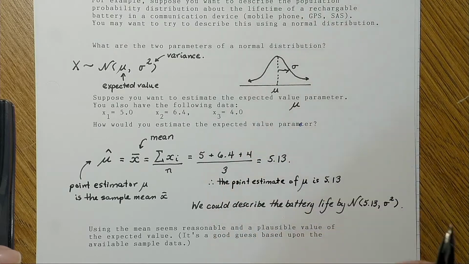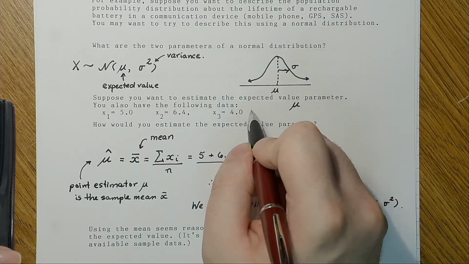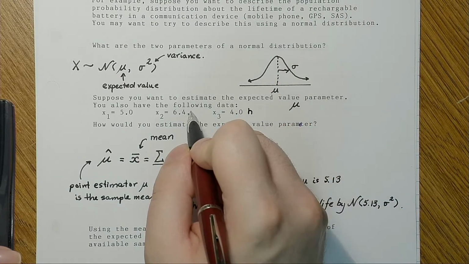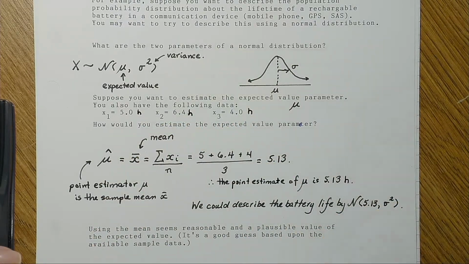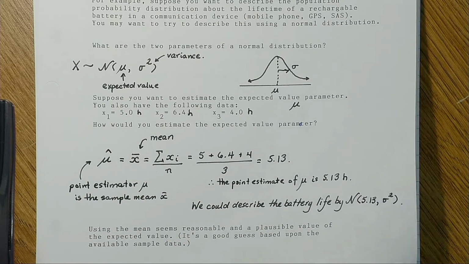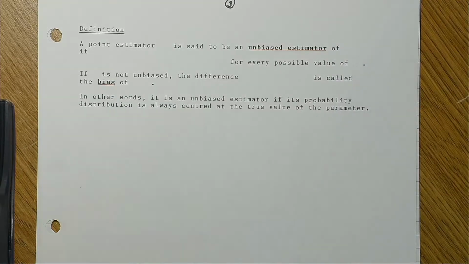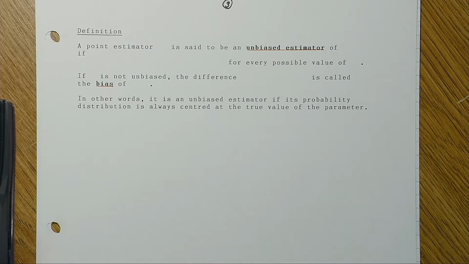Now there should be some sort of units here, so we'll say hours. Okay. So now what we'll do is we'll go to the third page here, a point estimator.